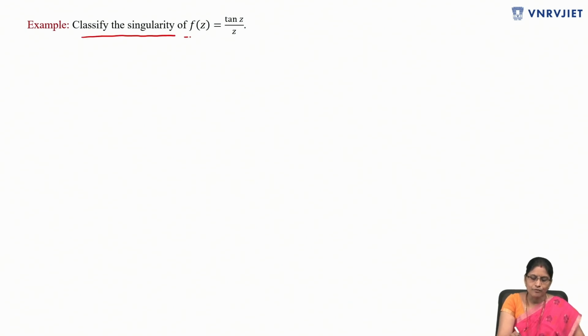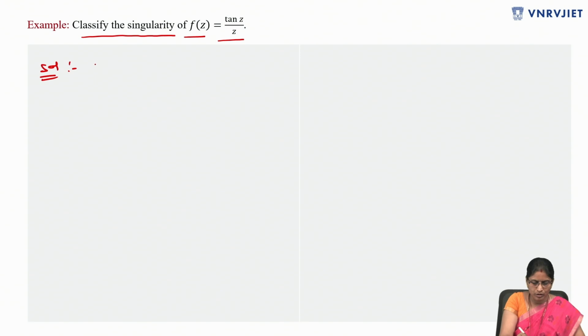Classify the singularity of f of z is equal to tan z by z. So we have to identify which type of singularity is existing for the given function f of z is equal to tan z by z. First note down the given function. Given f of z is equal to tan z by z. Now f of z is equal to 1 by z into the expansion of tan z.